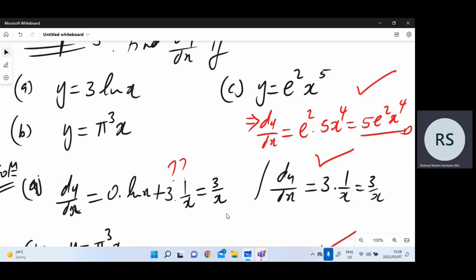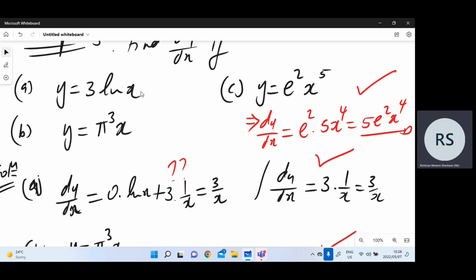Okay. My first question, is my answer correct? Yes, my answer is correct. But another question, did I have to apply the product rule here?